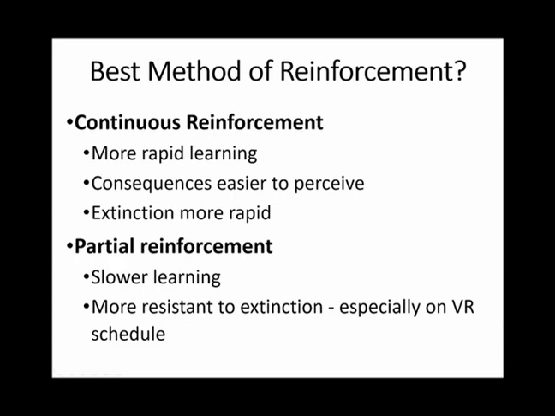If, however, you do want to use the continuous reinforcement method throughout the entirety of your experiment, then you could get away with it and you're going to see more rapid learning because they're forming associations much faster. So that's a good one to use depending on how your experiment is set up.